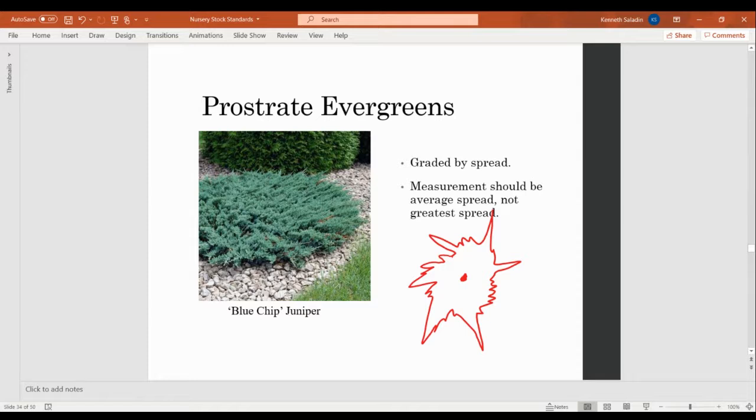So when they say that the measurement should be average spread, not greatest spread, well, greatest spread would be from here to here. So that's going to give you a pretty large grade. So what they're saying is the measurement should be average. It shouldn't be the minimum spread, but it shouldn't be the greatest spread either. It should kind of be an average spread.